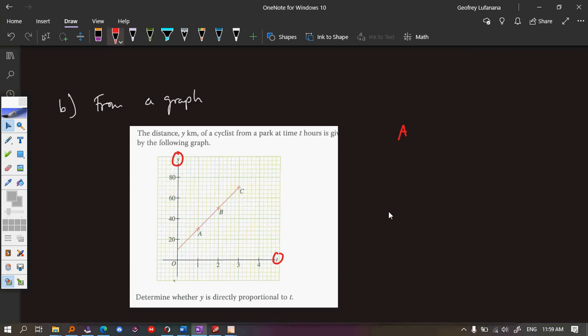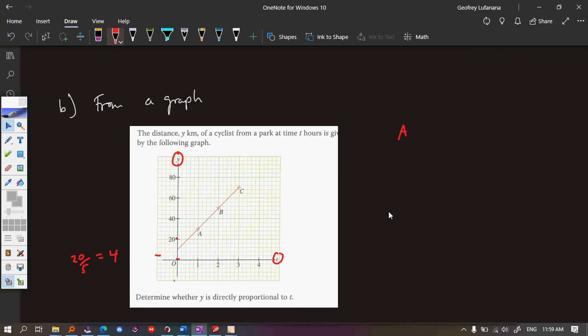When I look at my scale from here to here, those are 20 units for y. So I need to know what each small unit has. That's 1, 2, 3, 4, 5. So each small square over here is 20 out of 5, which is 4.